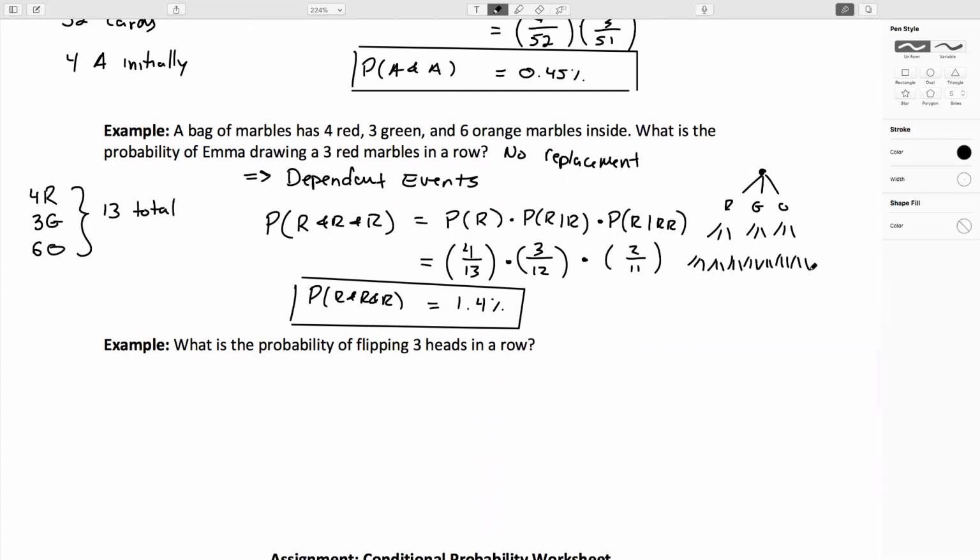If you start thinking about how many actual scenarios there are, how many actual individual branches can I go down? I can go red, red, red, red, green, red, red, red, green. I have a lot of outcomes. It makes sense that this particular one is not very likely. It's likely that I'm going to get a red the first time.